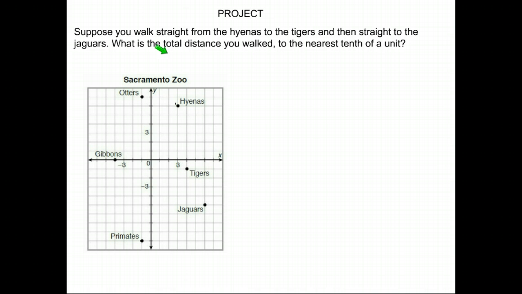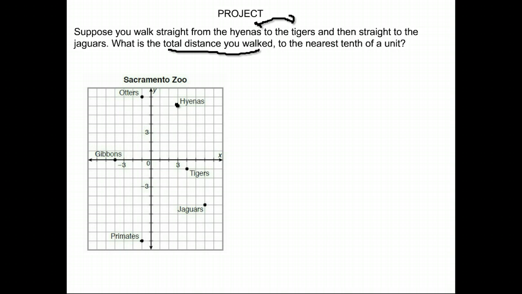Okay, so here's what we're asked. What's the total distance you walked? If you go from the hyenas to the tigers, so there's one distance, and then straight to the jaguars, so then you go from tigers to jaguars. So here are hyenas. If we're going to use the distance formula, we need to find the location of that point.